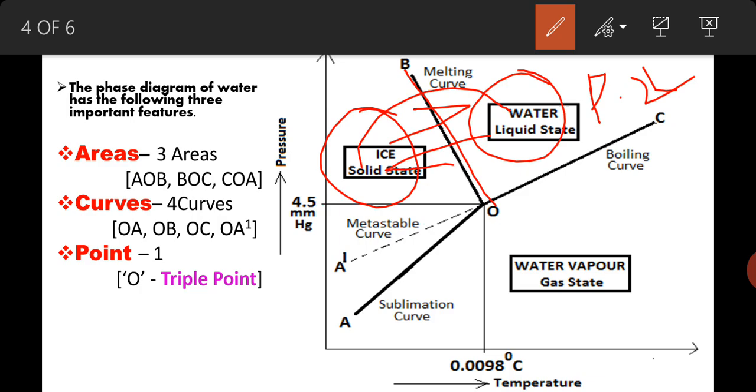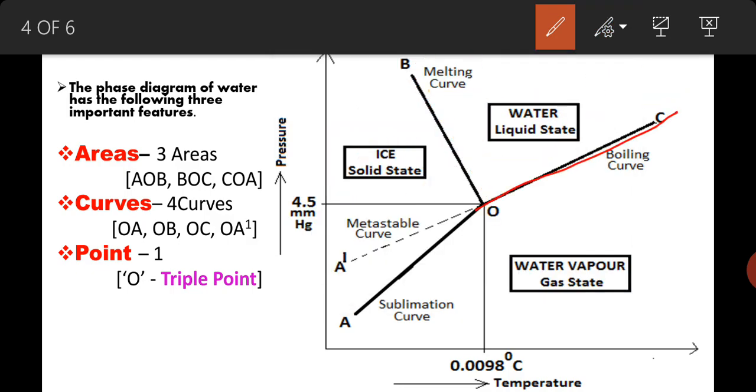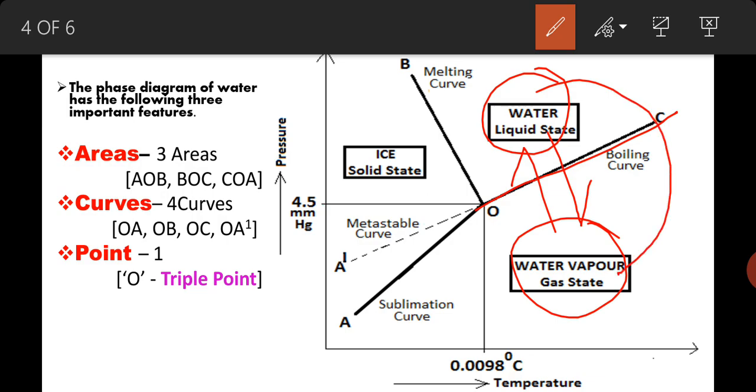Here this OB curve is called the melting curve. Next curve, the OC curve. The OC curve is present between two phases, the liquid state of water and the gas state of water vapor. These two are in equilibrium on this curve. Here also P = 2. The liquid state of water converting to the gas state of water vapor is called boiling. This curve is called the boiling curve.